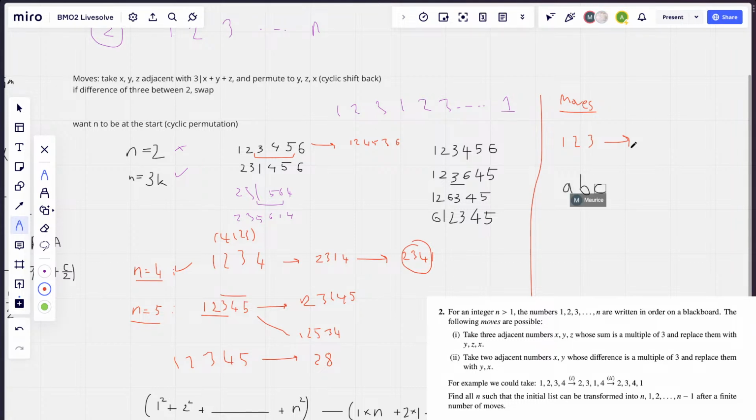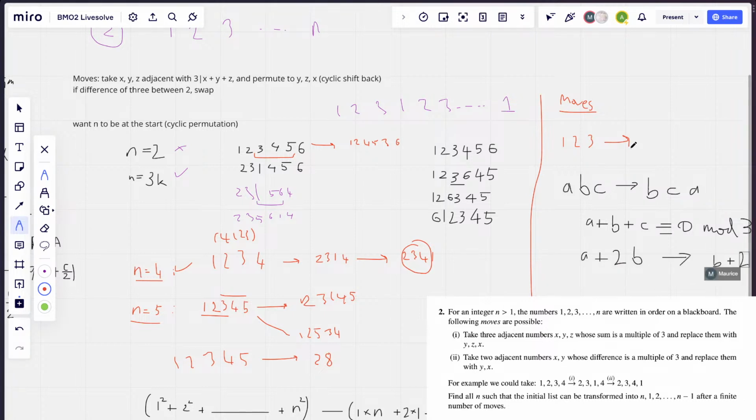Could it be A, B, C, and then B, C, A, where A plus B plus C is a multiple of 3? So 3 divides a plus b plus c. Then our original invariant is a plus 2b plus 3c, and it goes to b plus 2c plus 3a.